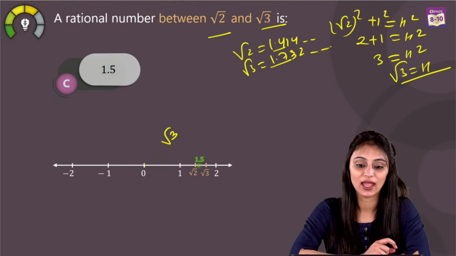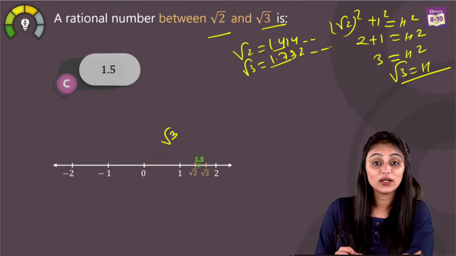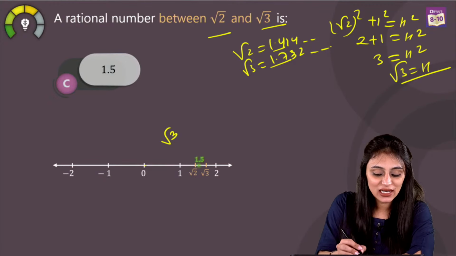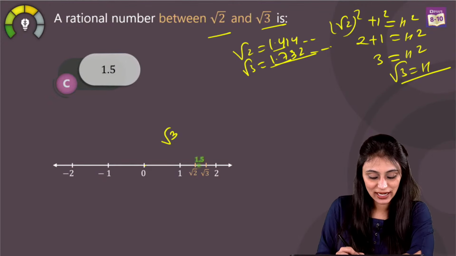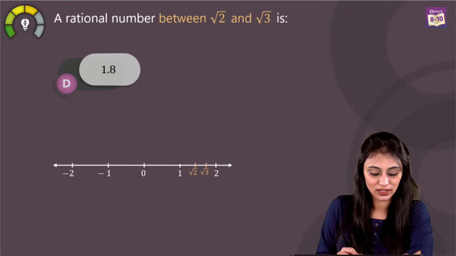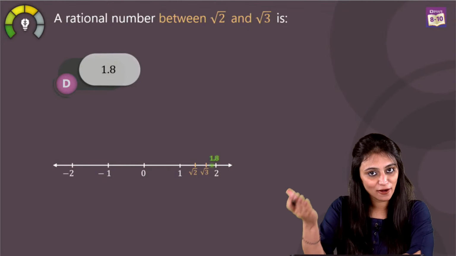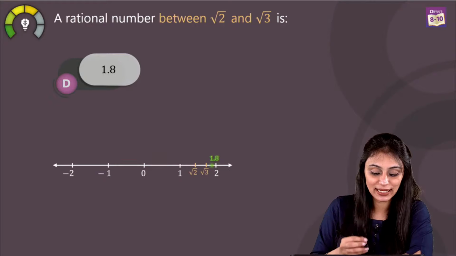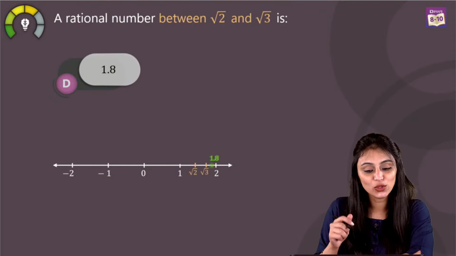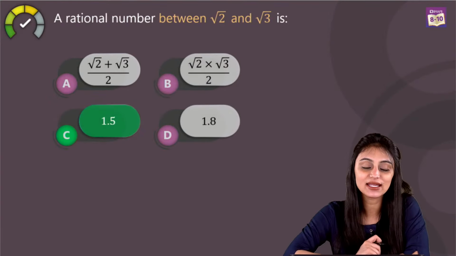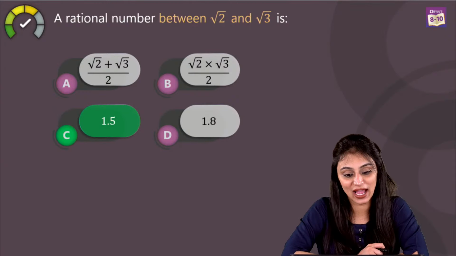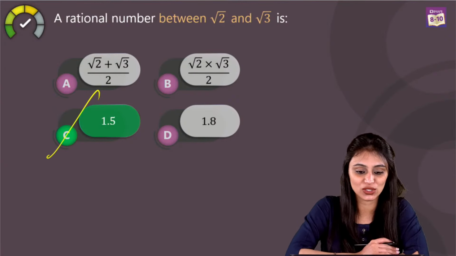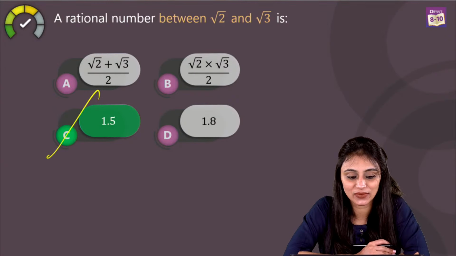All right. Now let's see where 1.8 can be. Definitely 1.8 will lie after root 3. It will be here, it will come after root 3. That means between root 2 and root 3, the rational number that we have is 1.5. That's option C over here.